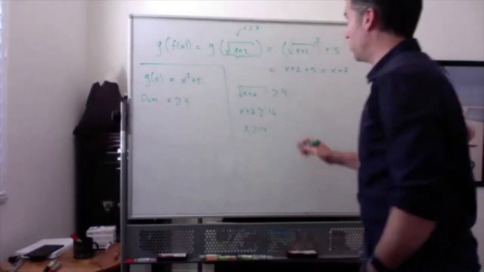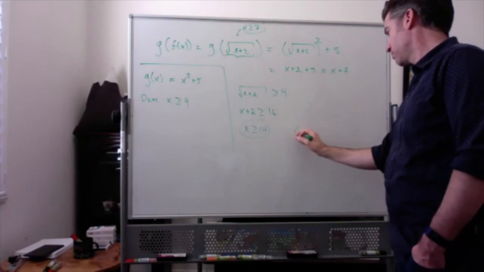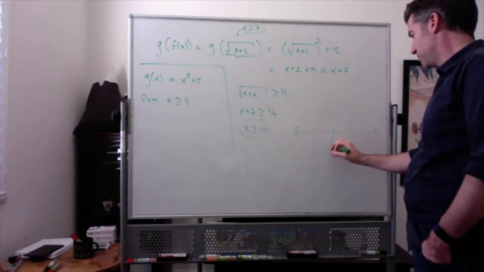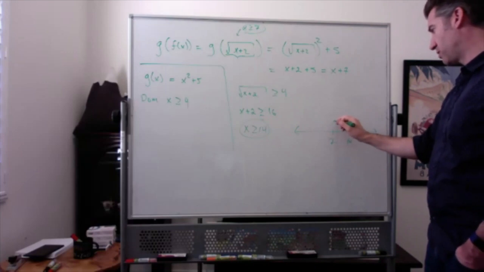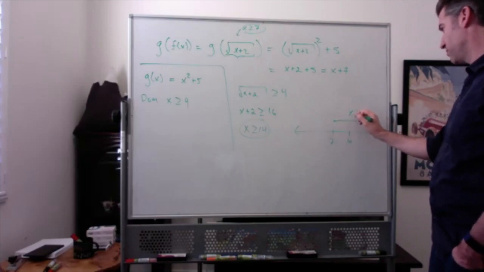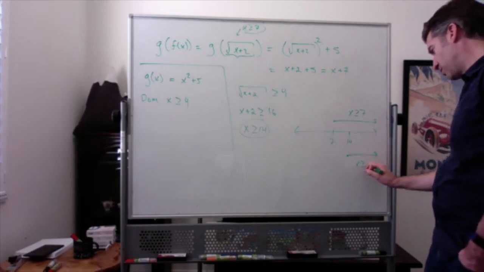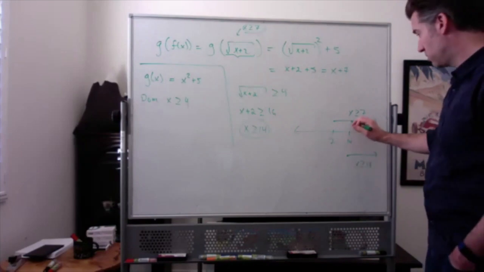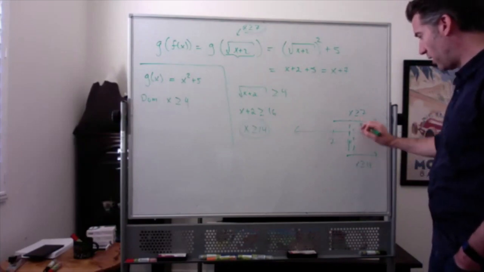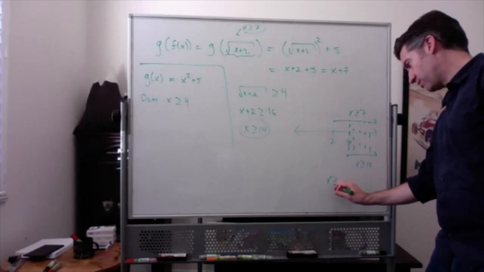So if we look at where those two things overlap, right, here's x bigger than or equal to 7. Here's x bigger than or equal to 14. And since we have to satisfy both conditions, we only get the overlapping parts where x is bigger than or equal to 14.